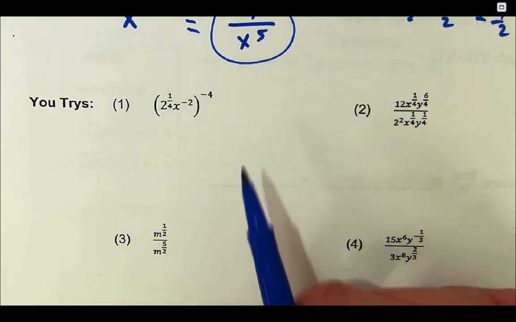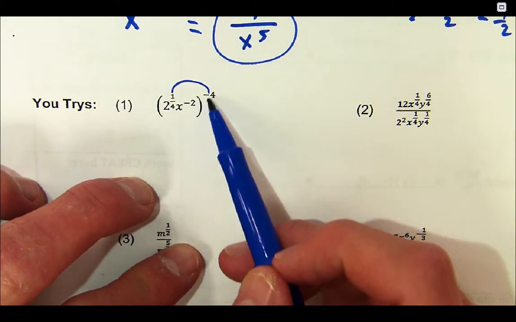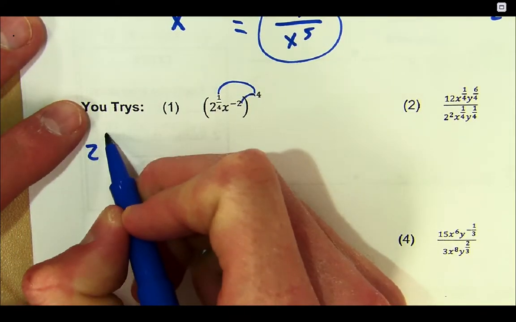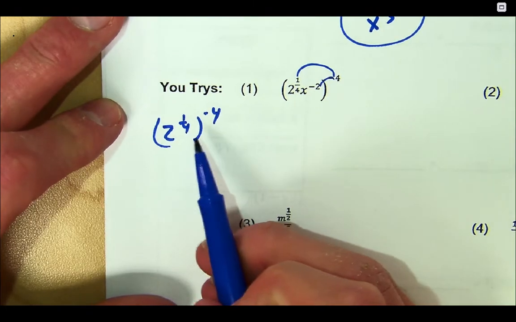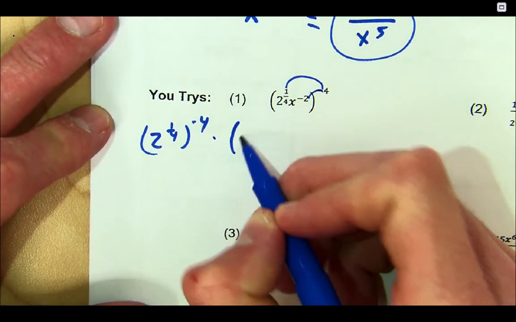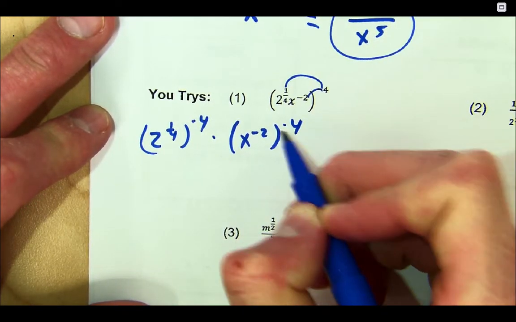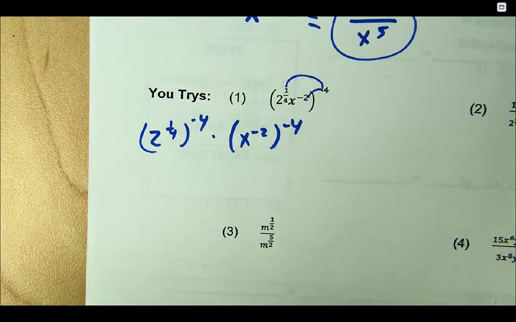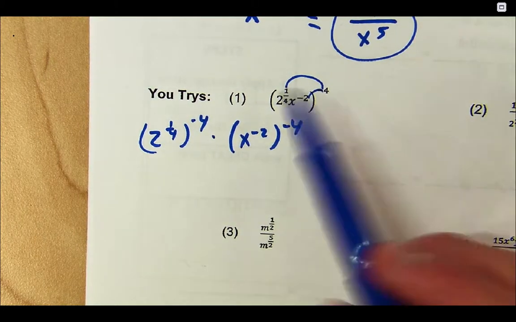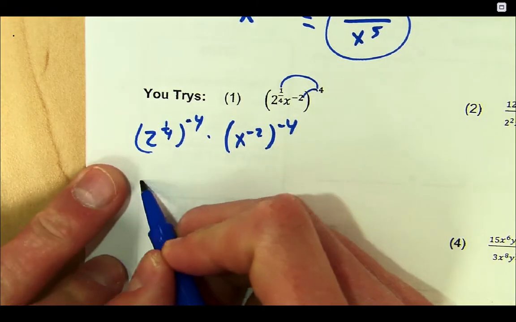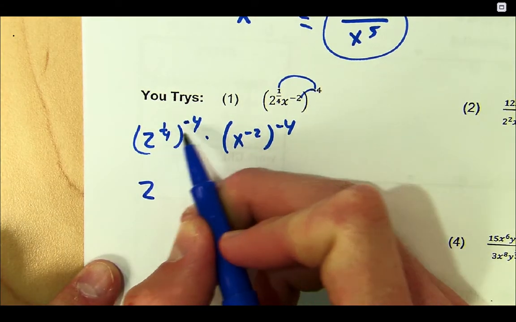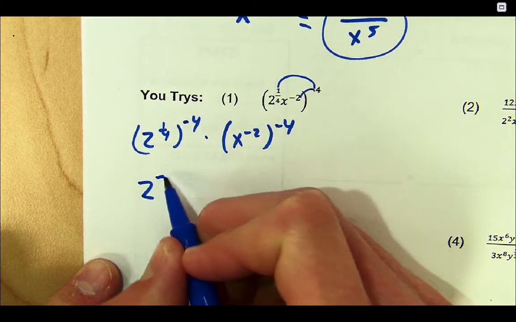Okay, so in number 1, you have 2 terms, again, that need to get raised to the power of negative 4. So you have this one that needs to get raised to the power of negative 4. And you have this term that needs to get raised to the power of negative 4. And remember, power to power, you multiply. So let's multiply each of these. 1/4 times negative 4 is negative 1.